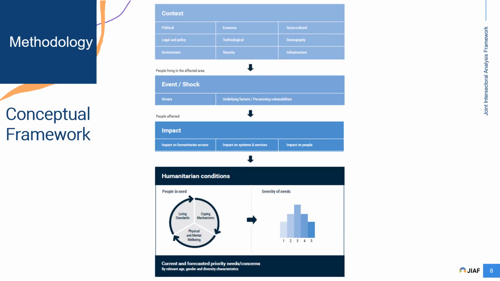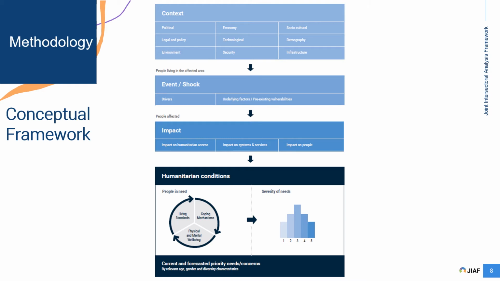Let's look at the 2 core components of the JIAF. First, the conceptual framework, which you see here on this slide. The conceptual framework is built around 5 pillars, starting at the top with the context, then event shock, and then the impact, and the humanitarian conditions, and finally the last pillar at the bottom, the current and forecasted priority needs.